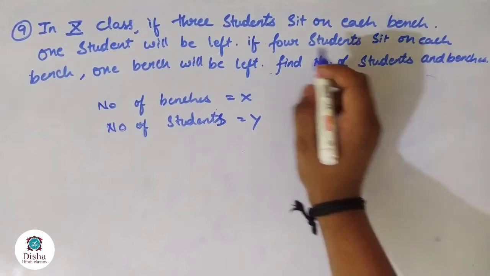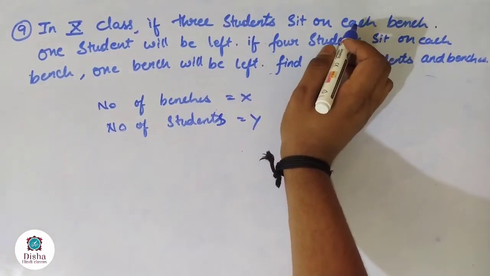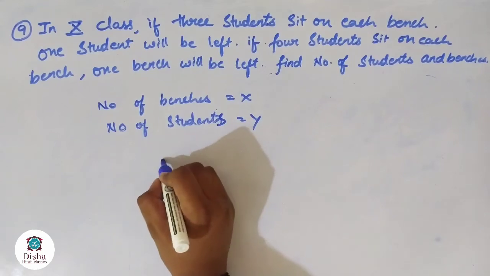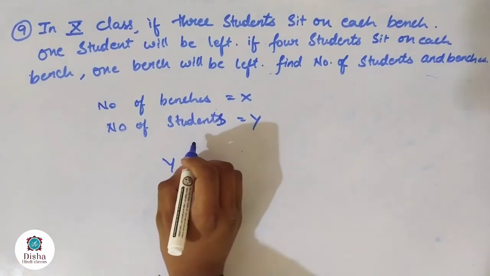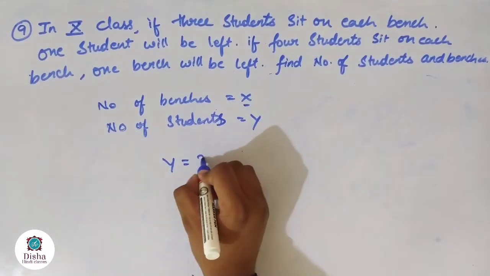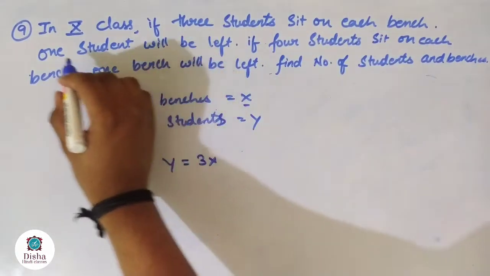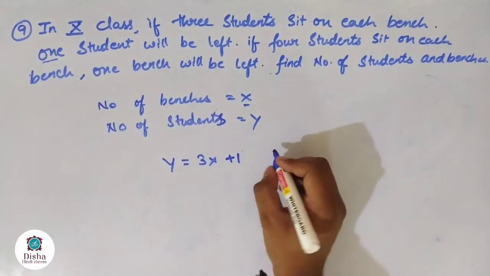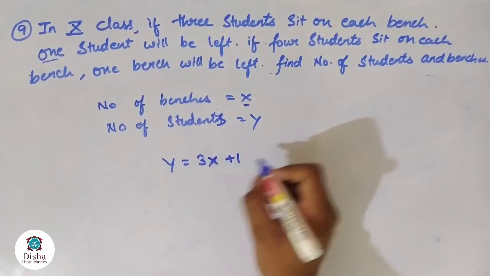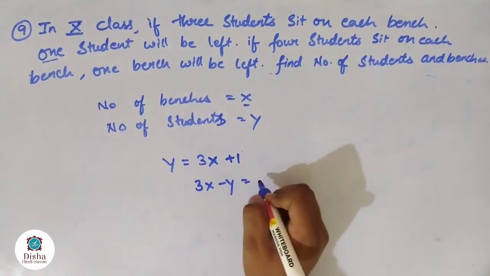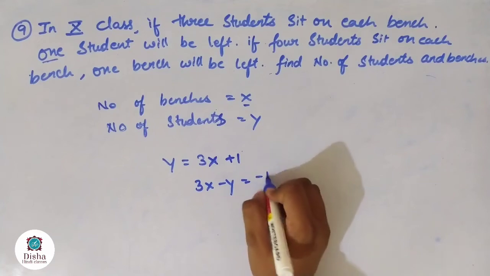Now if 3 students sit on each bench, 1 student will be left. So let us take y equals 3 students on each bench. What is the bench? x. So 3x. How many will be left? 1. So plus 1. Then 3x minus y equals minus 1.